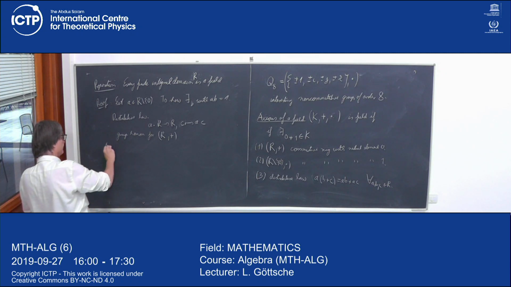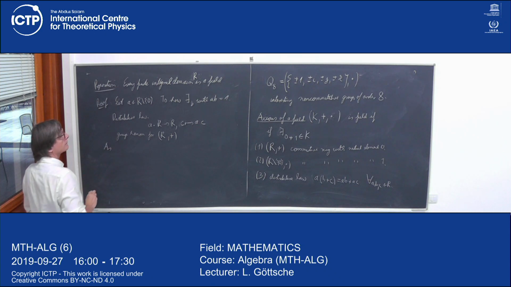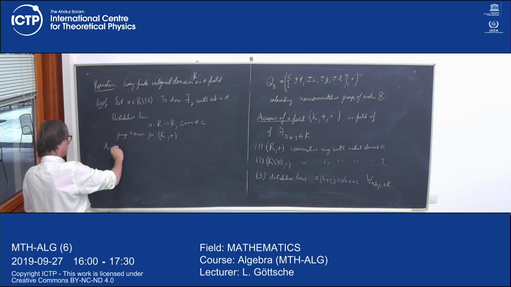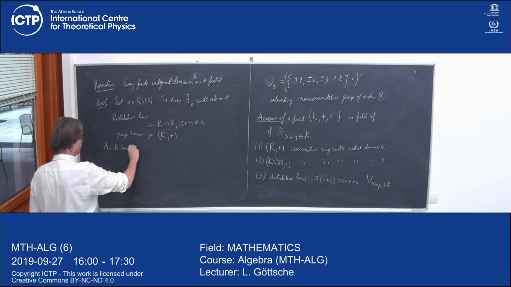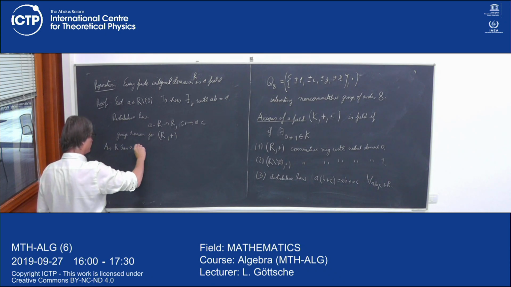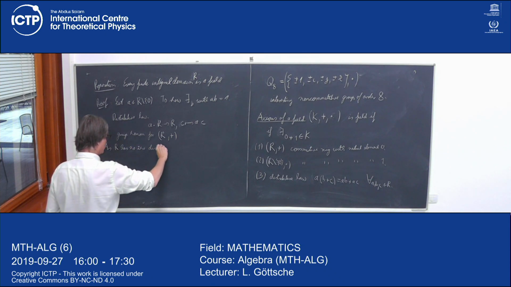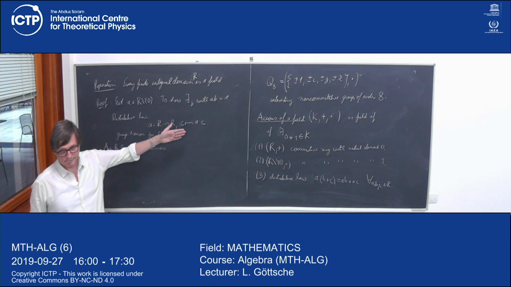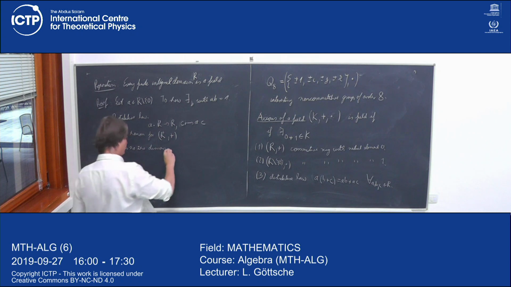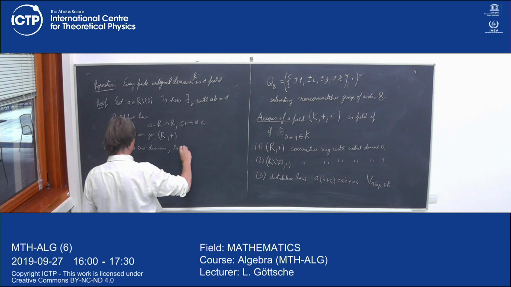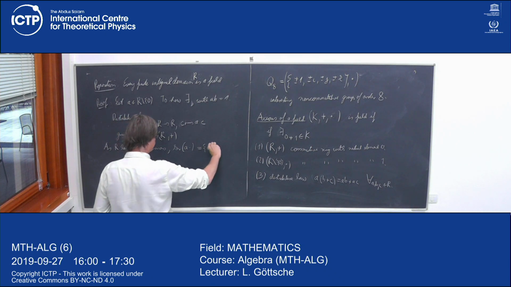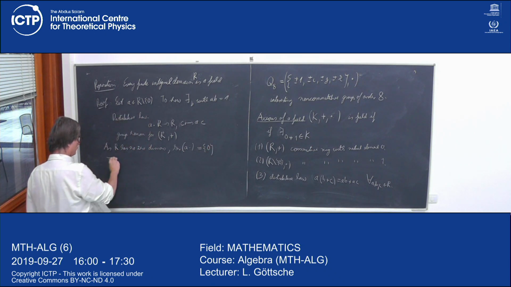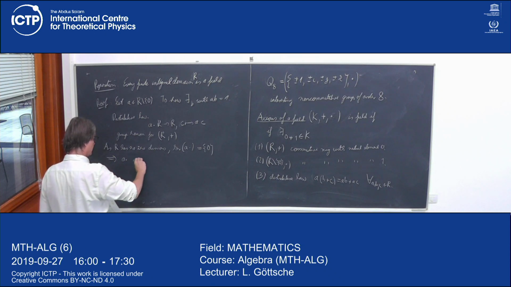And as R has no zero divisors, this will send no element to 0 except for 0. So that means the kernel of this map is 0, and thus it follows that this multiplication map is injective.